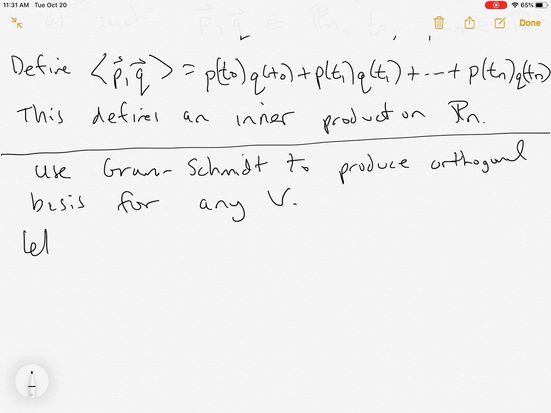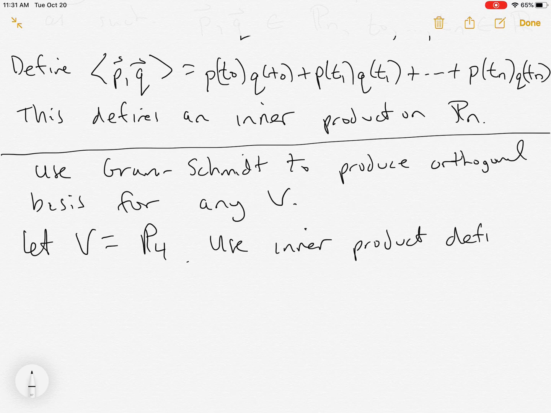So let V equal P4, and we're gonna use the inner product defined above, which by the way is called evaluation at T naught down to Tn.